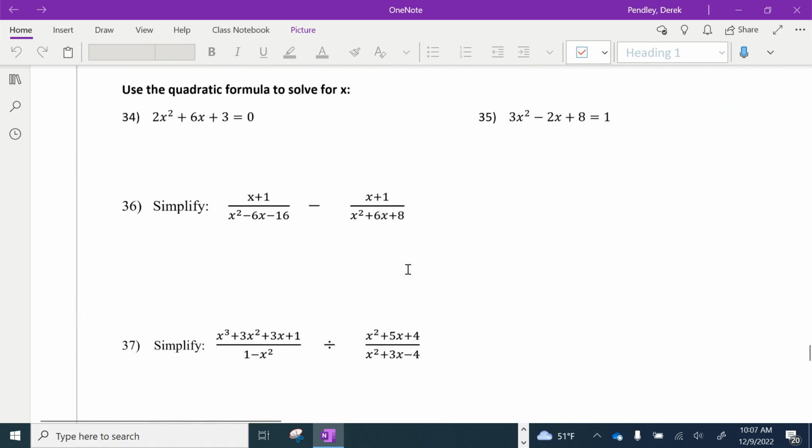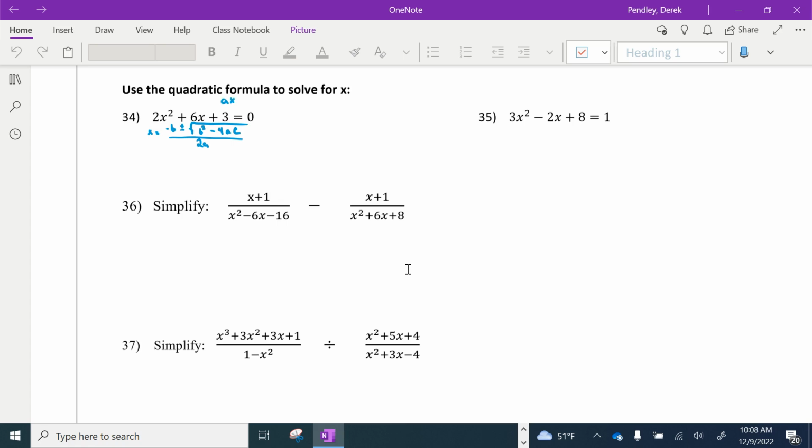All right. Using the quadratic formula, x is equal to negative b plus or minus the square root of b squared minus 4ac, all divided by 2a. Remember, it has to be equal to 0. It states that ax squared plus bx plus c is equal to 0.